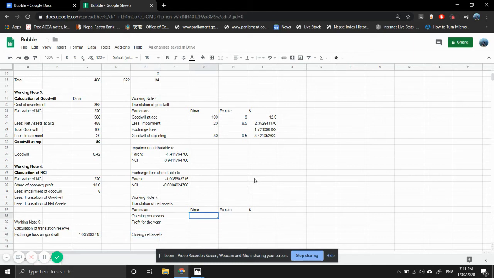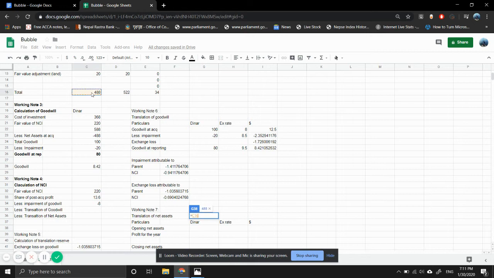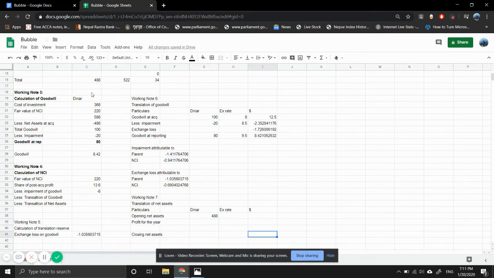Okay, so what's our opening net assets? Our opening net assets is this figure. Exchange rate being the same, 0.5, I think that's the average rate, right? This is the closing rate, 522.